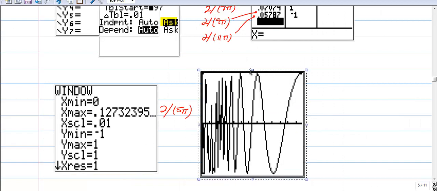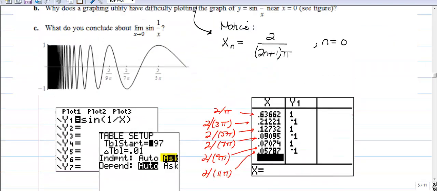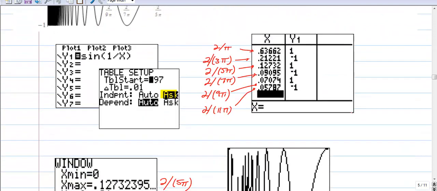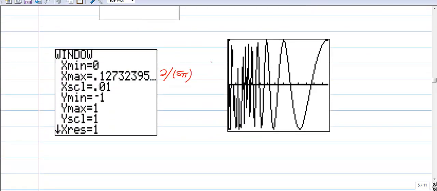So for part B, where it says, why does the graph have difficulty plotting the sine of 1 over x?